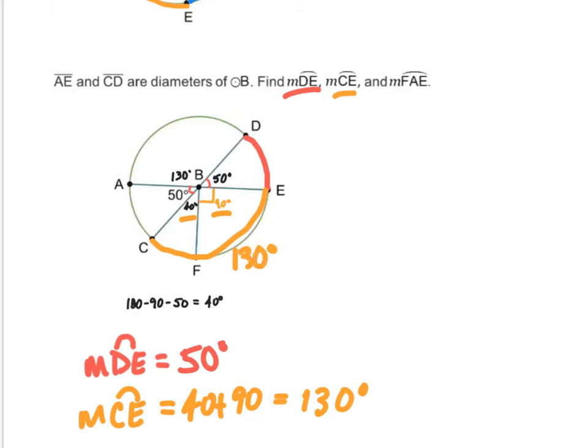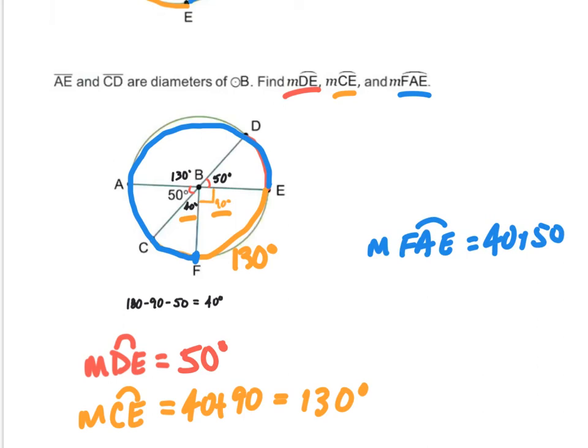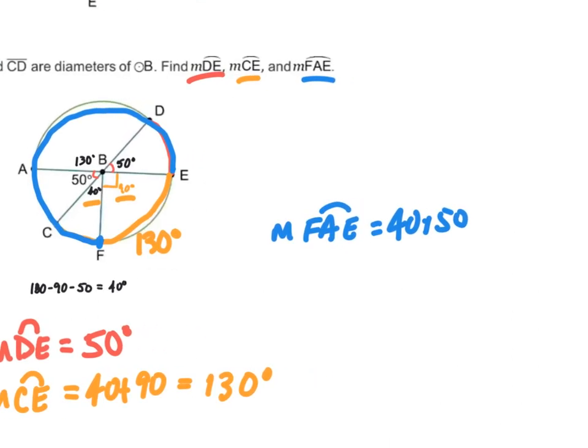The last one we want to do is the arc measure of FAE. That starts over here at F, goes all the way through A, and then all the way to E. So the measure of arc FAE is going to be 40 plus 50 plus 130 plus 50.